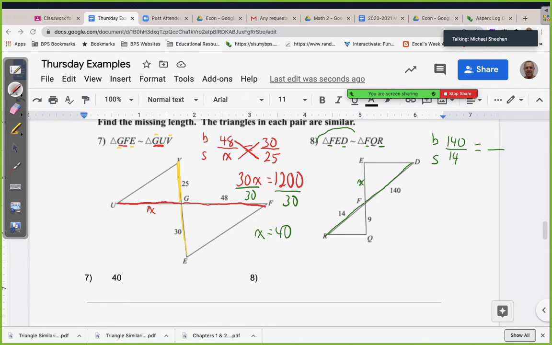Because it told me these triangles are similar, then these sides have to be in the same proportion. The corresponding sides have to have the same ratios. What do I have to put up top? 9. Well, don't forget, I want the numbers from the big triangle on top. The 9 is from the little triangle. X. Yeah, so I'm going to go with X.